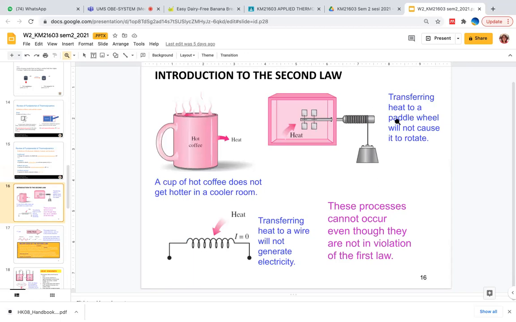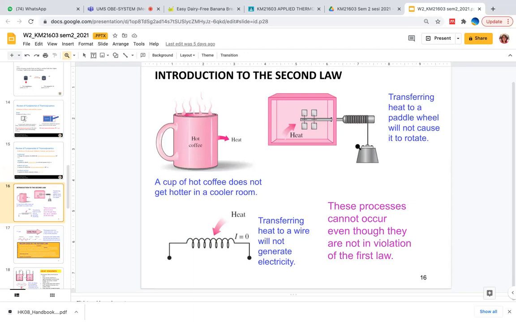Transferring heat to a paddle wheel will not cause it to rotate. When you rotate it, it will create the work and the heat loss. But if you supply the amount of heat, we calculate and change everything to heat it up, it won't cause the paddle to rotate. So this process cannot occur even though it is not in violation of the first law.